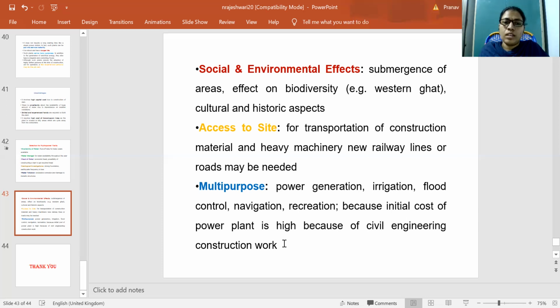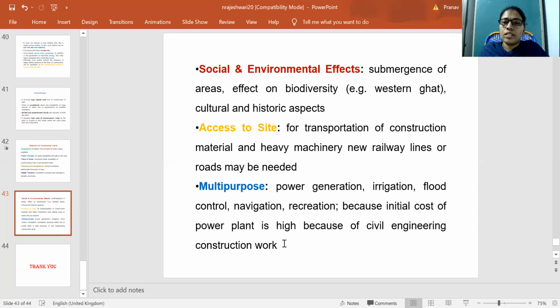For these multi-purpose works, first is power generation. This water is used for power generation, and also some of the water is given to irrigation works, and it will control the floods.